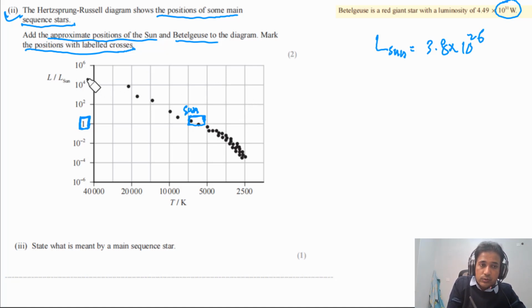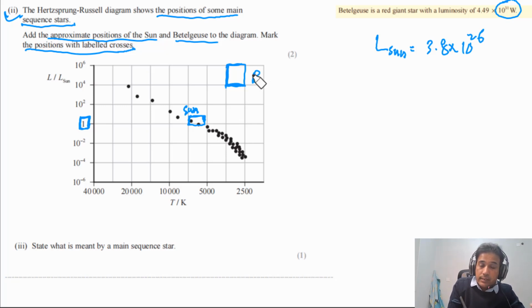So luminosity should be about 10 to the 4, more than 10 to the 4, so it can be here in this region. And the temperature, this is 2500, so the temperature is 3400. So Betelgeuse can be located in this region. So this one is Betelgeuse, and we have to write down its name, so I'm just writing P here. So this is how you can answer.